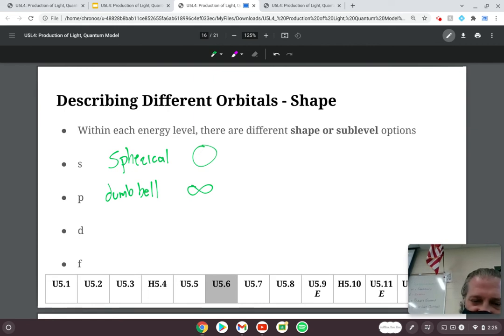And it kind of looks like this. I'm drawing it in 3 different directions, and we'll hit this harder a little bit later. And another one, the D, is clover leaf shaped, and it kind of looks like something like that.